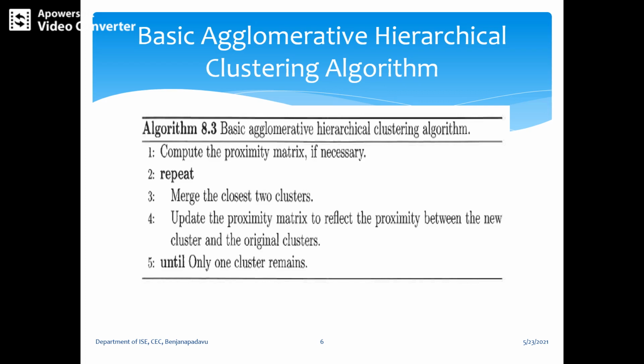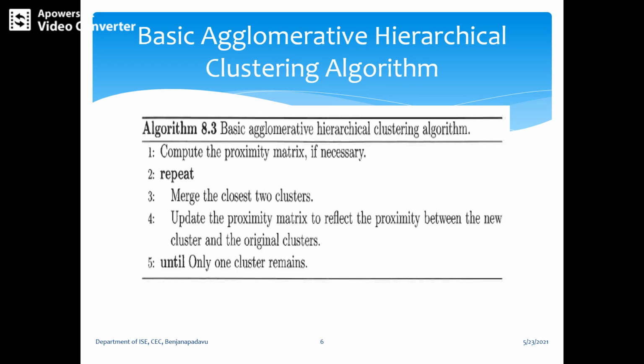Then repeat until step 3: merge the closest clusters based upon the min distance, max, or group average, depending upon the type of input clusters, number of dimensions, number of clusters available, and the place of the clusters. Depending on that, we merge the closest two clusters.